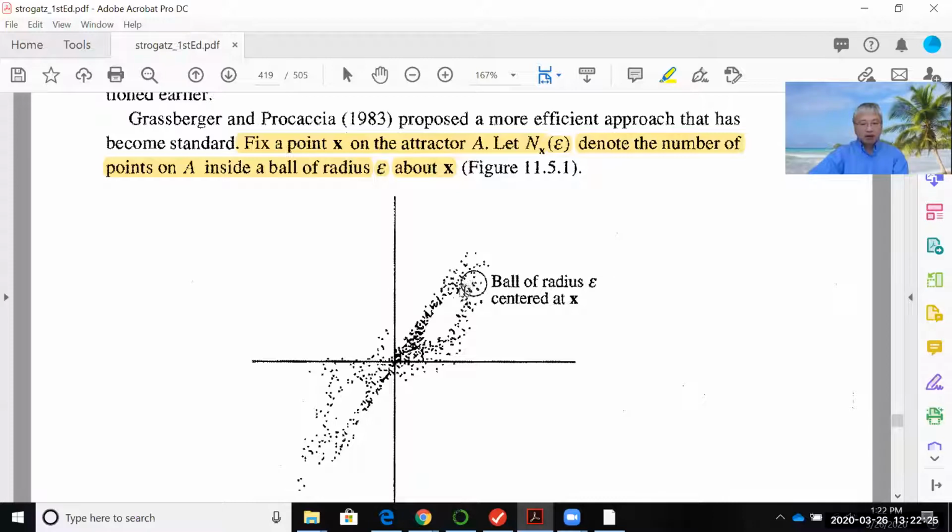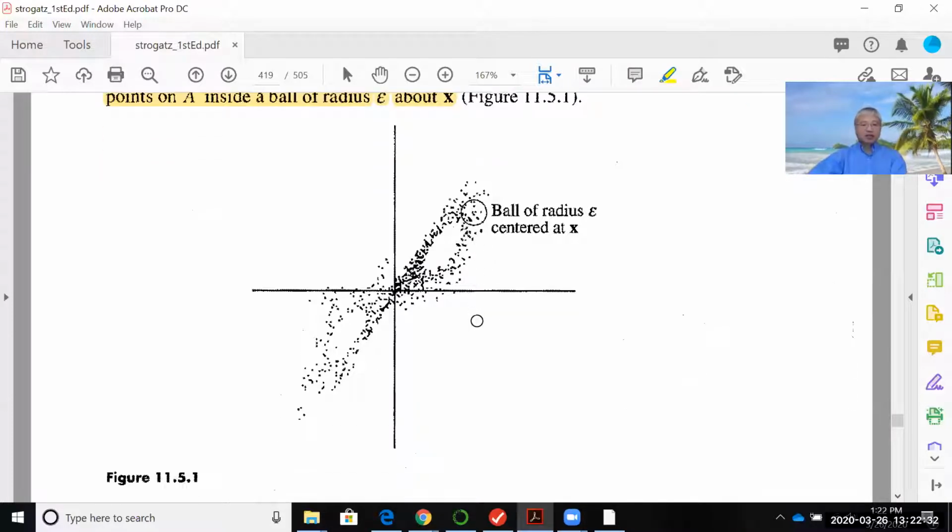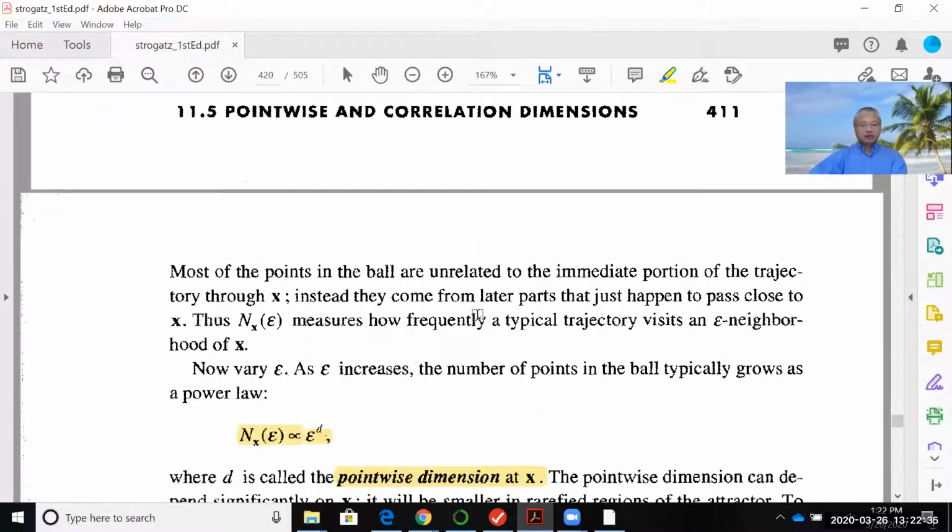So in general, this N of epsilon, which also depends on x, will scale with epsilon to the d power. Now vary epsilon. As epsilon increases, the number of points in the ball typically grows. So as we make this epsilon bigger and bigger, there are more and more points in it.